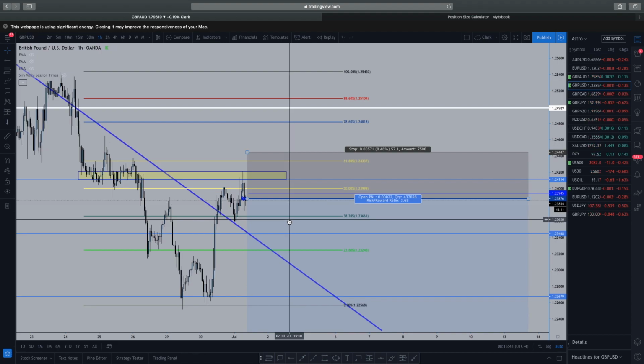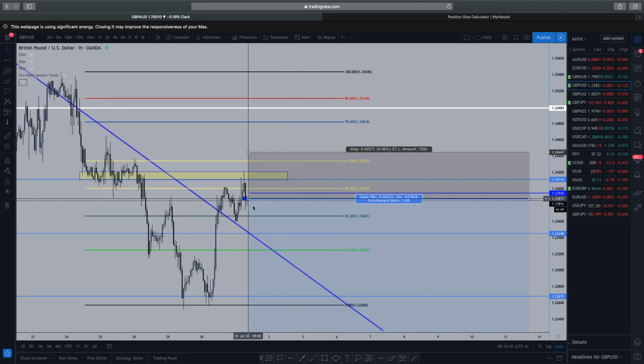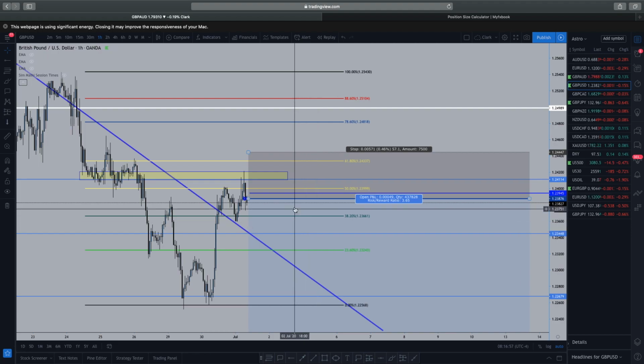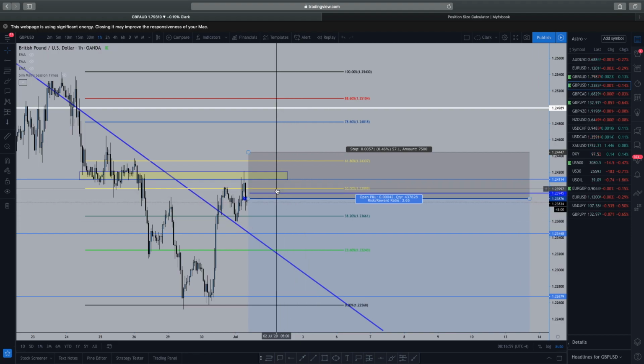But I wouldn't do a full lot right now. I'd do a half, wait for that movement, and then when it comes back, it might tap into your zones again. Then with rejections, you can enter another half lot, and then you'll be a full lot exposure to this, and then your full 1%. So that's how I would manage it.